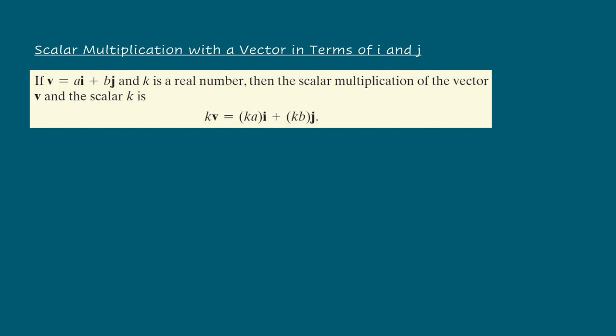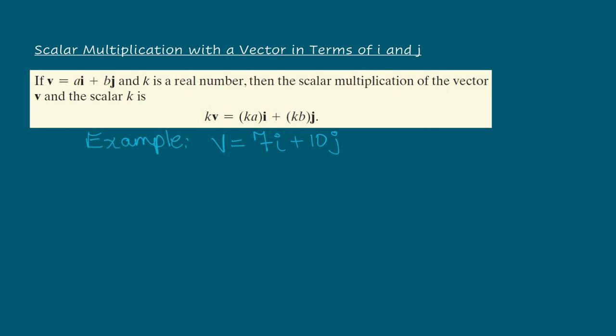So let's just say I have the vector v equal to 7i plus 10j, and I want to multiply it times the scalar 8.